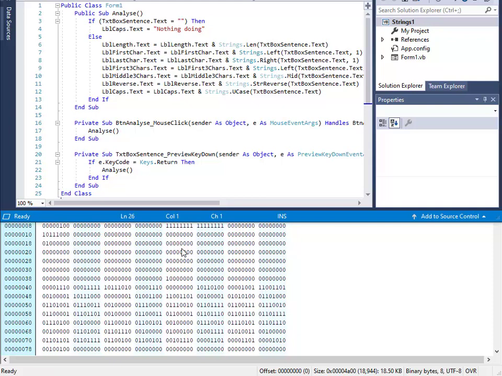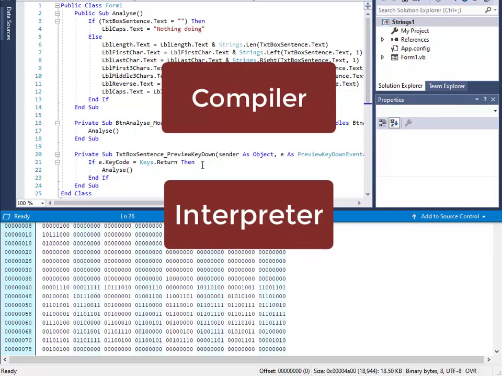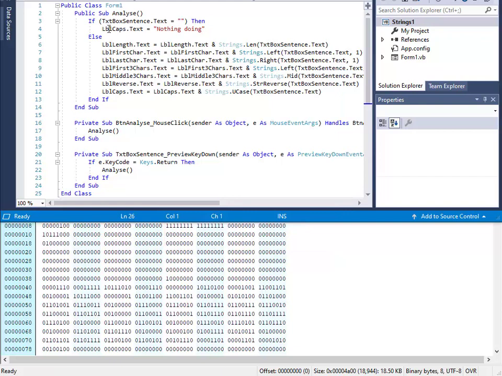language into its machine code, then we have two options. We can use either the compiler or the interpreter, and we'll actually be looking at the difference between these two in the next video. For now though, the important thing to understand is that a program written in a higher level language can then be compiled to work on a variety of different processors.